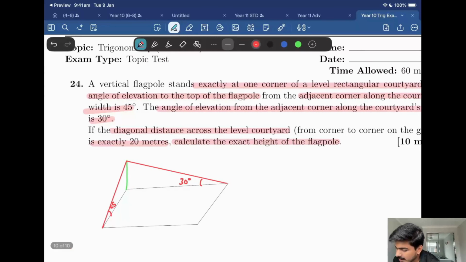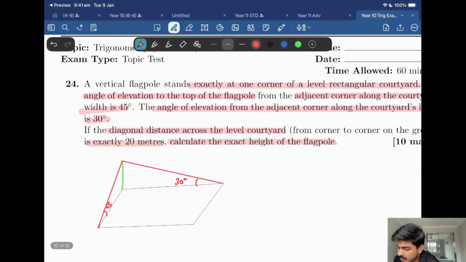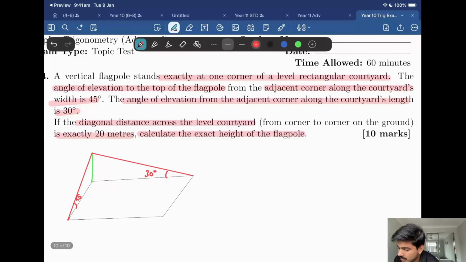If the diagonal distance across the courtyard from corner to corner on the ground is exactly 20 meters, this distance over here is 20 meters. What do we want to find? We want to find the exact height of the flagpole.